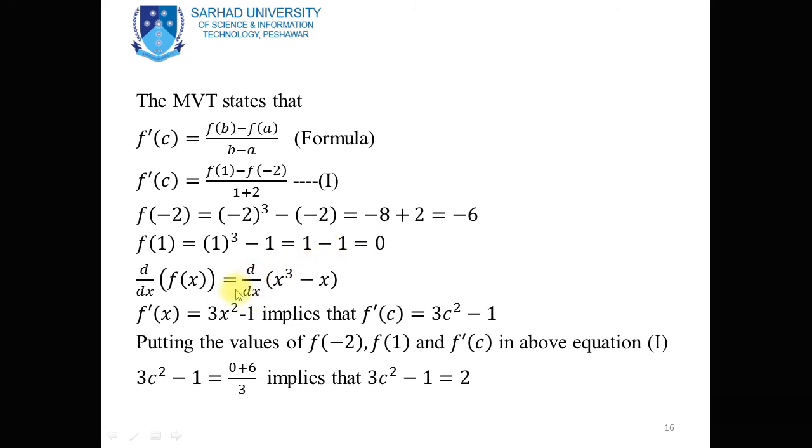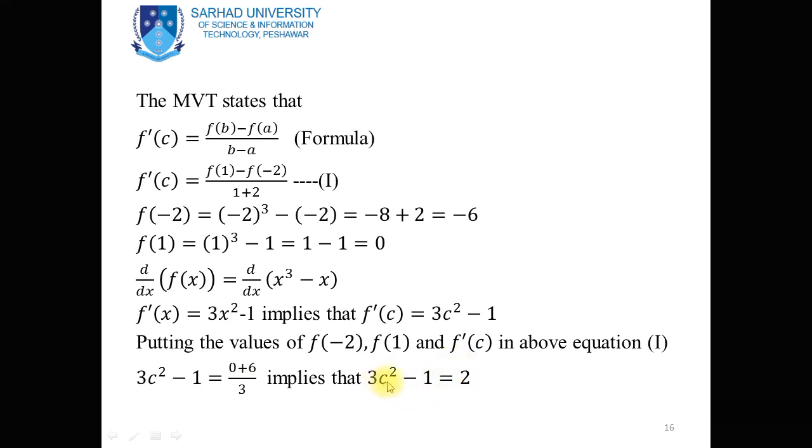Now the derivative of the function with respect to x is 3x square minus 1, and the derivative at x is equal to c is 3c square minus 1. So putting the values of f of -2, f of 1, and the derivative at x is equal to c into equation number 1: 3c square minus 1 is equal to, f of 1 value is 0 and f of -2 value is -6, so 0 plus 6 divided by 3 is equal to 2.